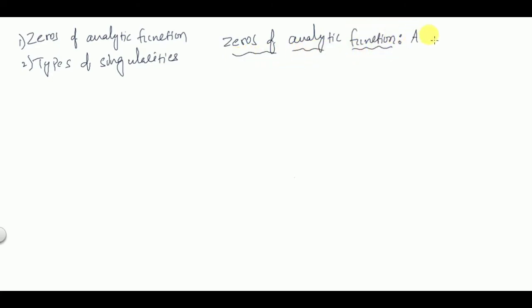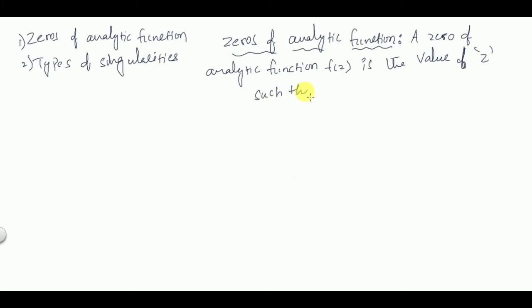A zero of analytic function f of z is the value of z such that f of z is equal to 0. So all the values of z which satisfy the equation f of z is equal to 0 are said to be zeros of analytic function.